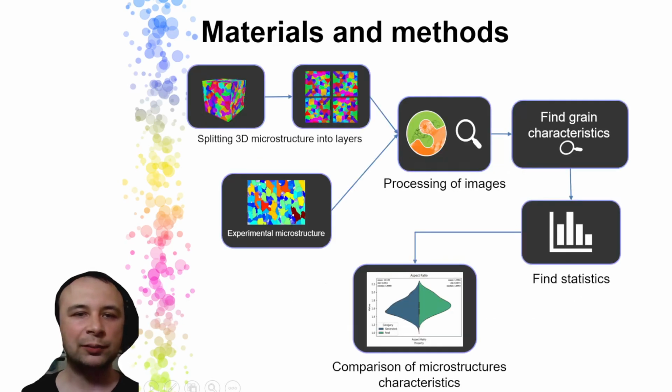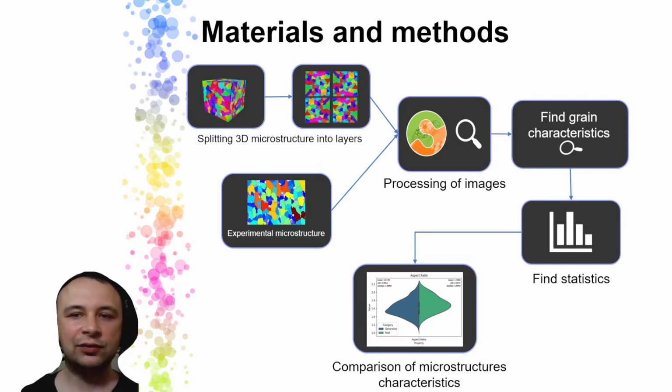In the general pipeline, we can see that our algorithm contains the next steps. First of all, we get a 3D generated microstructure using Matvis 3D software and split it into layers. After that, we developed the algorithm which processes segmentation and measurement of each grain and calculates the grain characteristics.